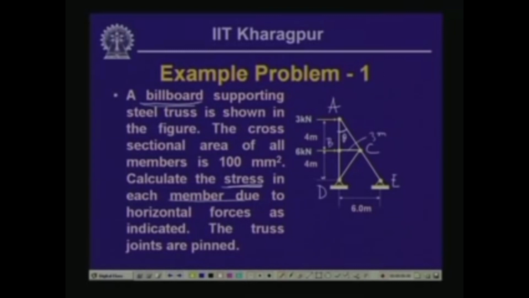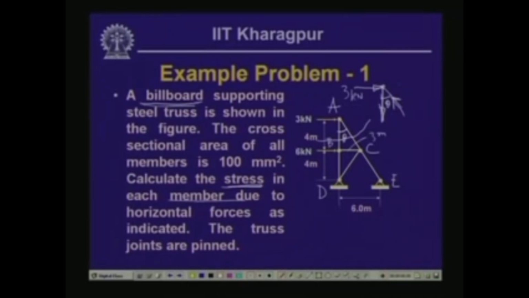then if we take the free body of this part, if we take a section here, then we have the member like this, this is theta, and we have the horizontal force acting here which is 3 kilonewton. Let us say the direction of this force is this, and the direction of the force here is in this direction.